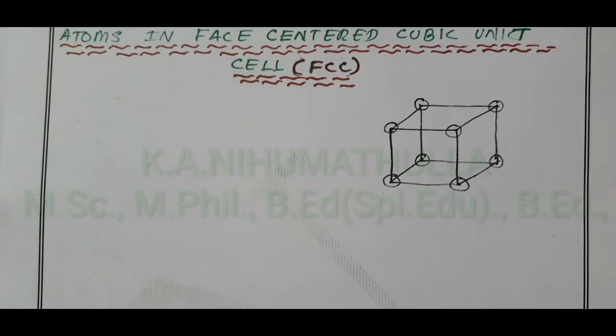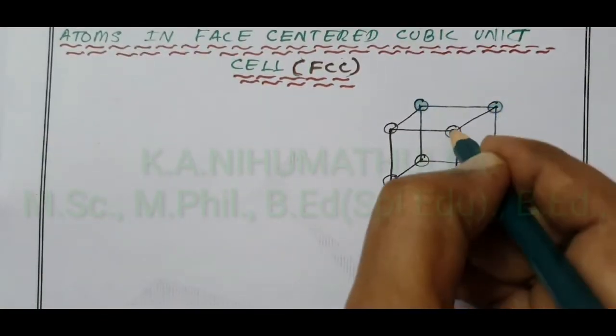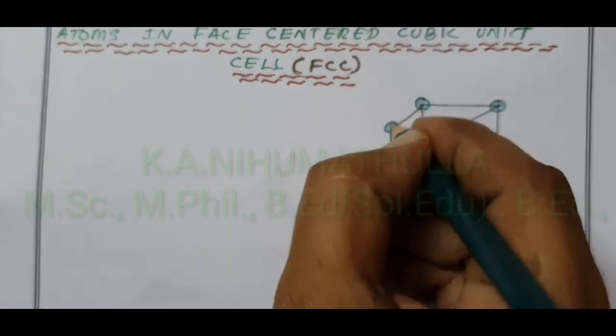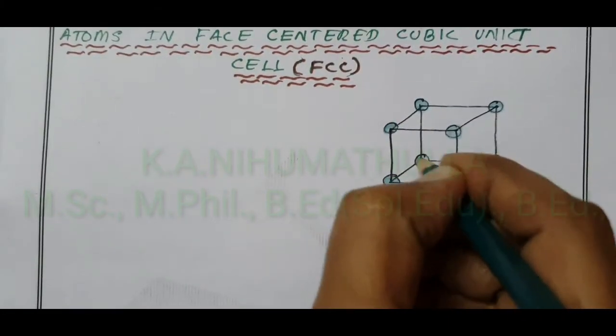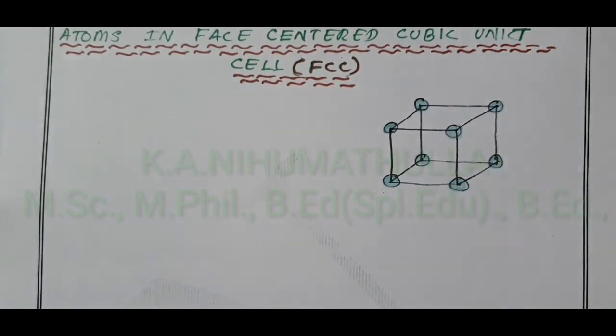Totally 8 atoms are present at the corner of the unit cell. Number of atoms in the corner, NC, equal to 8.